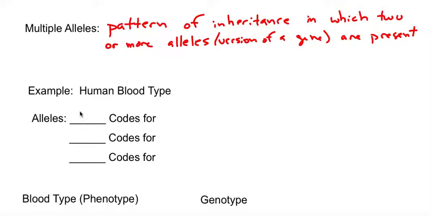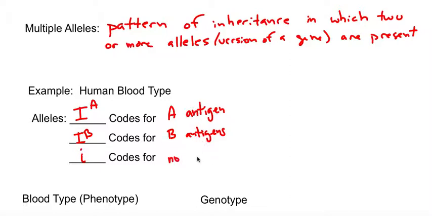You have an allele for producing what's called A antigens, and there's an allele for producing what's called B antigens. There's also a recessive allele that produces no antigens. And right now you're probably thinking, what are antigens?